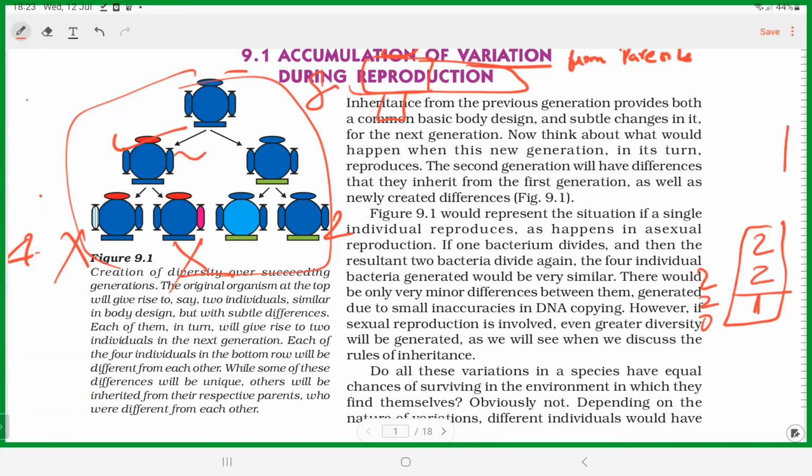Physical factor: temperature, high temperature can cause variation. And chemical substances, carcinogens, they cause variation. And biological factors like bacteria and viruses can introduce new genes into our body. So physical factor, chemical factor, biological factor cause variation.